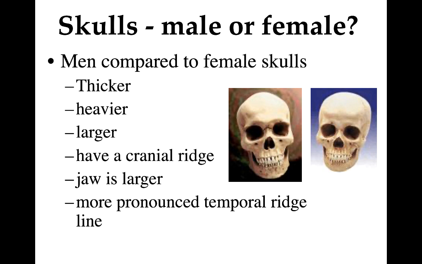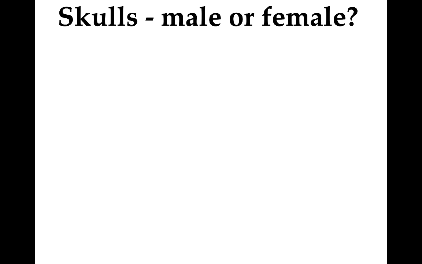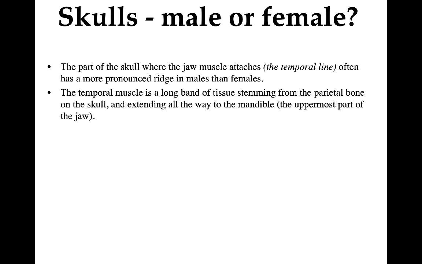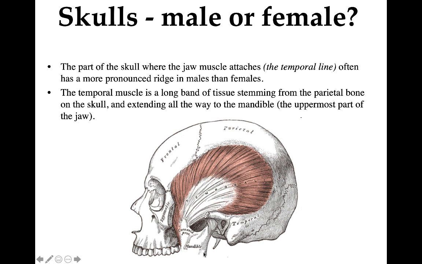Let me explain this more pronounced temporal ridge. If you look at a skull, where the mandible attaches to the skull, there's a really big muscle that attaches your jaw. And if you put your hands up by your ears and you move your jaw, you can actually feel that muscle moving as you do that.